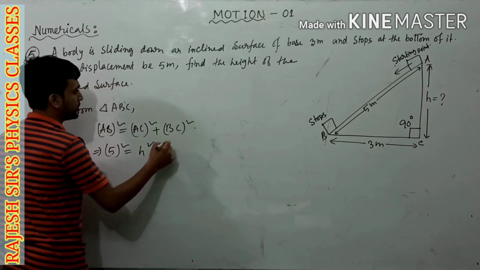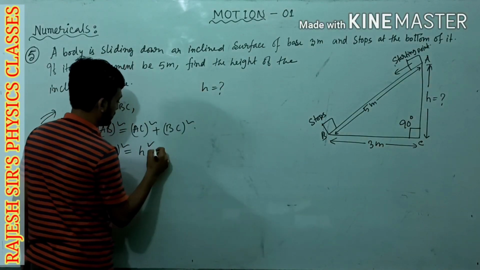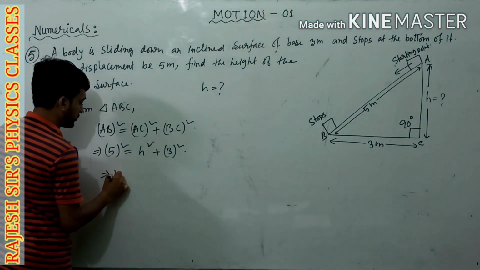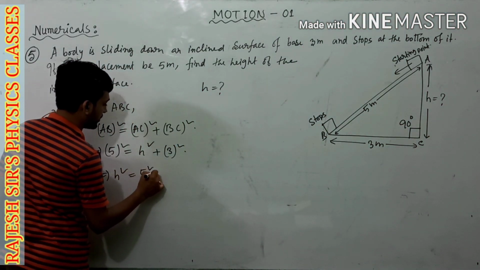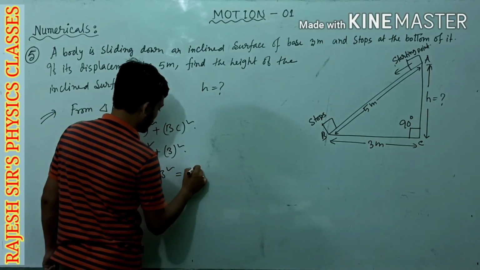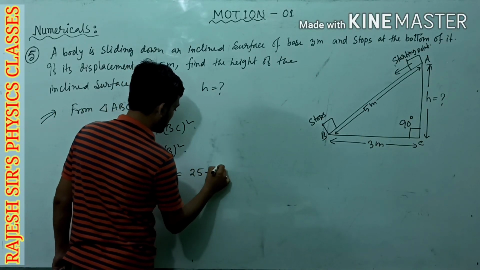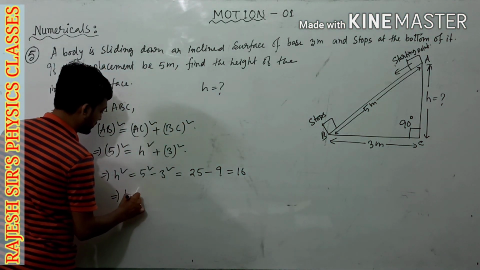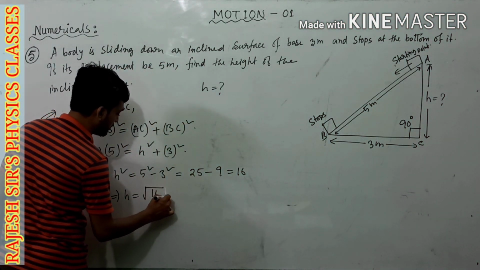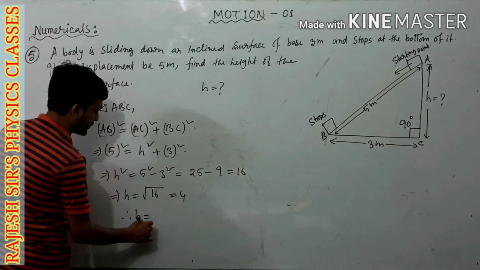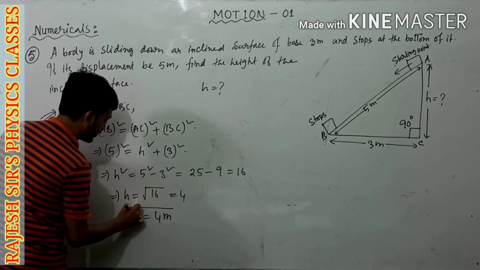AC is H, we need to find out. And what is base? 3 square. So H square we are getting 5 square minus 3 square. So it will be 25 minus 9, that is equal to 16. H equal to square root of 16, which implies 4. That means height of the inclined surface will be 4 meter.